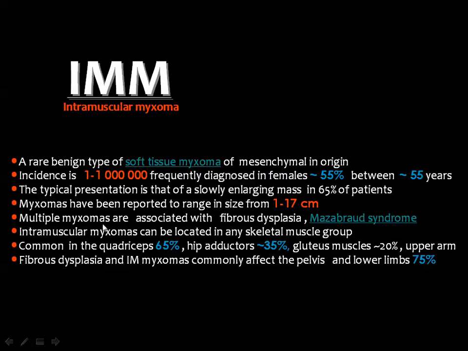Multiple myxomas associated with fibrous dysplasia are known as Mazabraud syndrome, and intramuscular myxoma can be located in any of the skeletal muscles, commonly the quadriceps, the hip adductors, the gluteus muscles, and the upper arm.